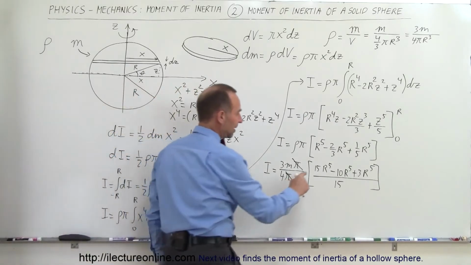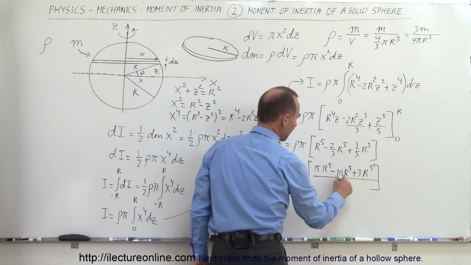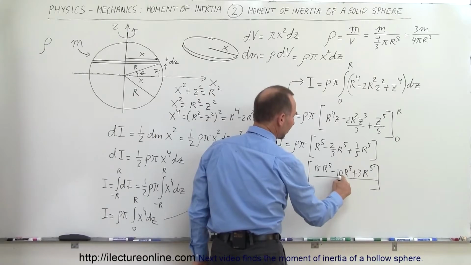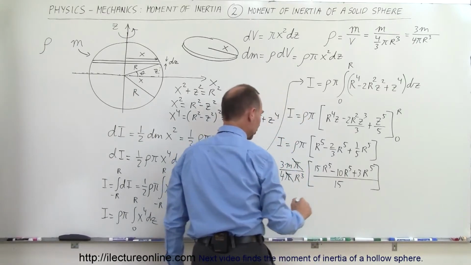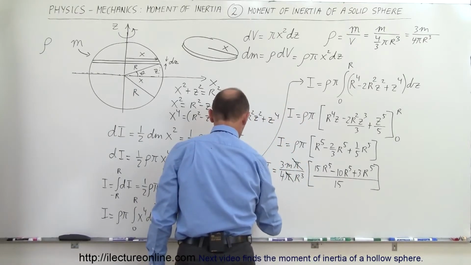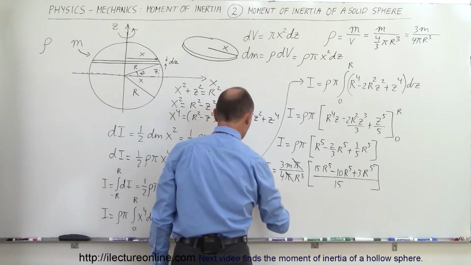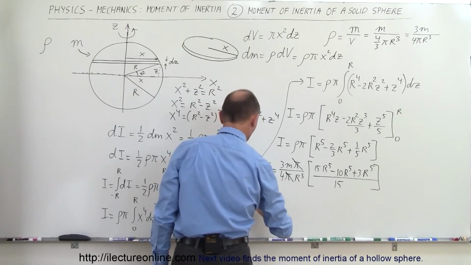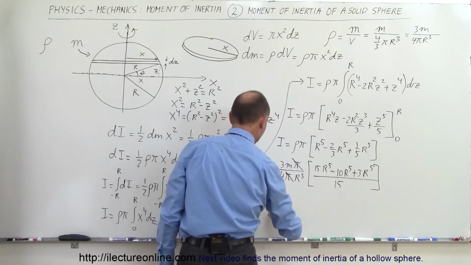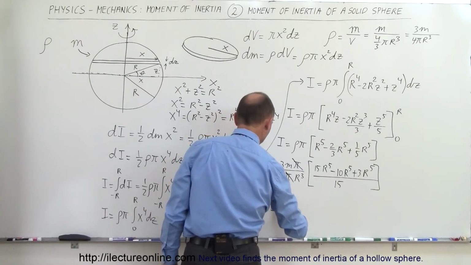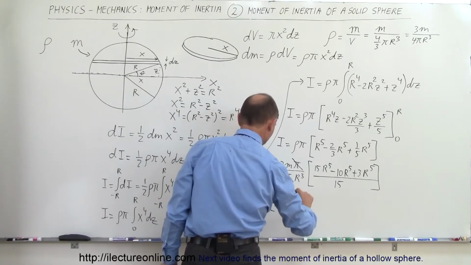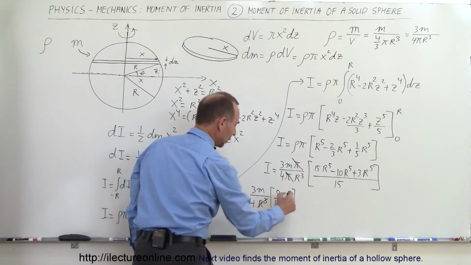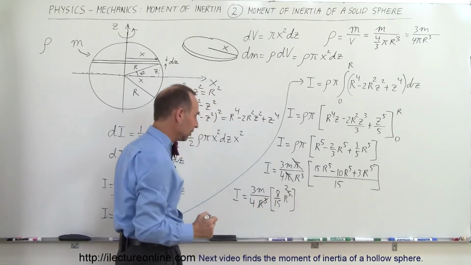So we have 15 plus 3 minus 10, that would be 18 minus 10 would be 8/15 r to the fifth. So we have I is equal to 3m divided by 4 r cubed times 8/15 r to the fifth. And then of course this r cubed and r to the fifth becomes r squared.